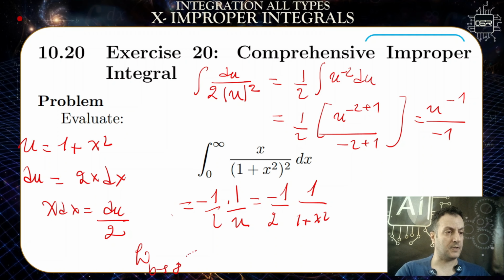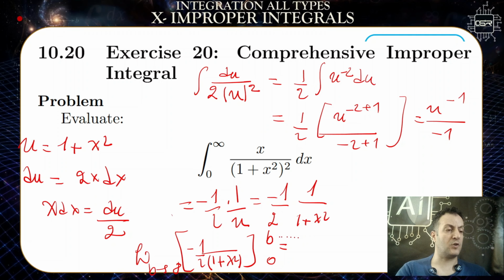Okay, let's evaluate the limit as b approaches infinity of -1/2, which is -1 over 2 multiplied by (1 + x^2), between b and 0.